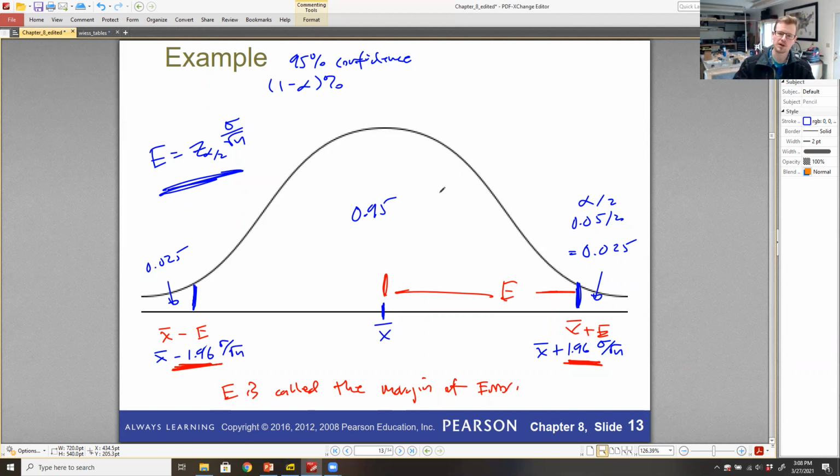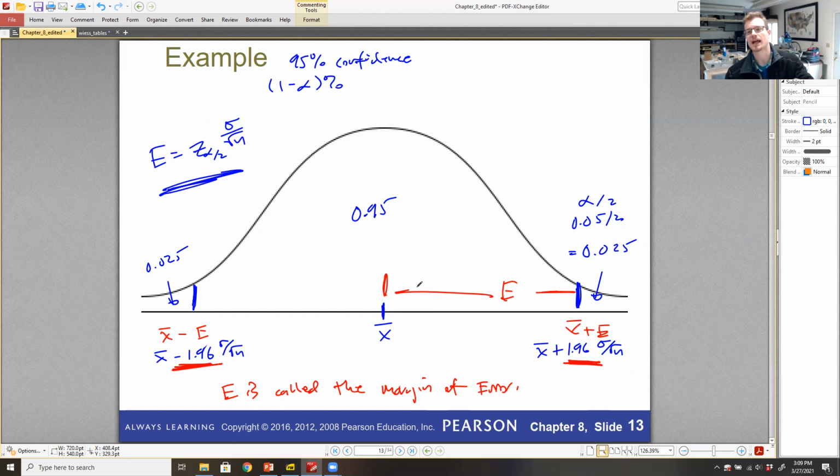Yes, here, focusing on what our sample mean was, we would say that we're 95% confident, or 95% of the time, the population mean is going to lie within 1.96 standard deviations of the sample mean.